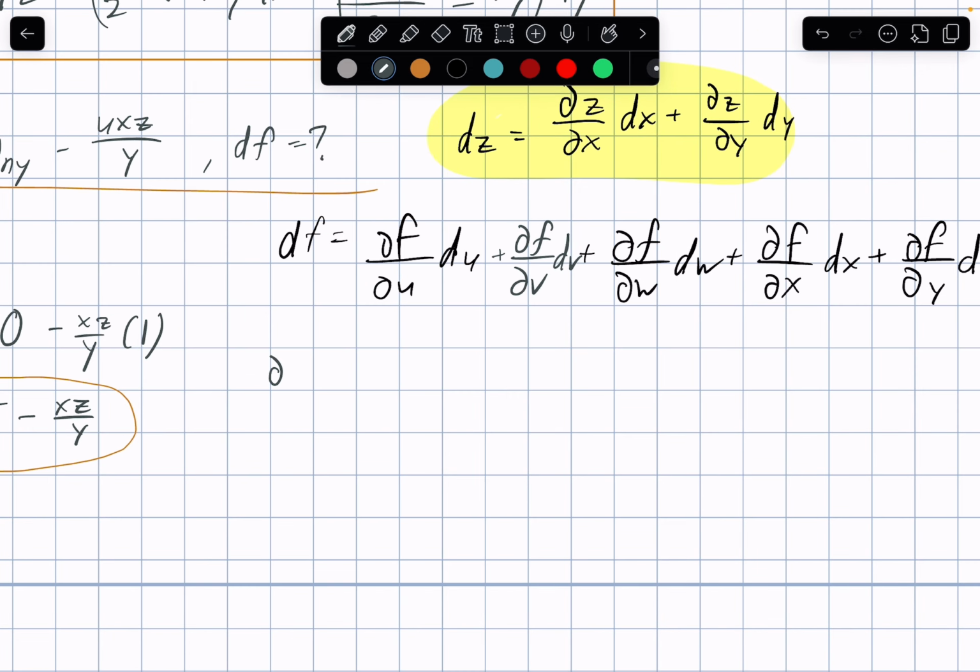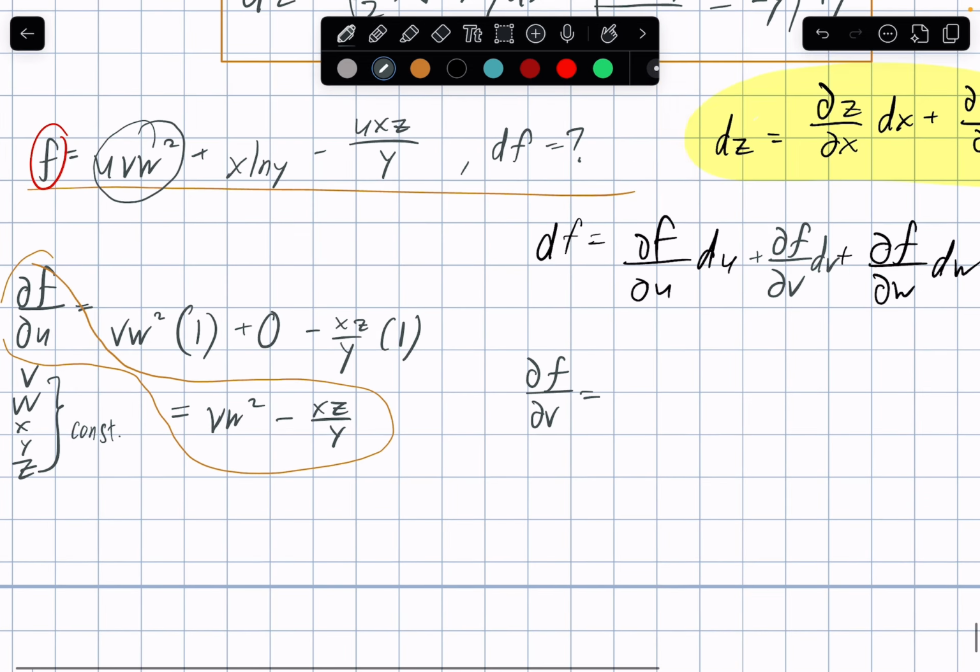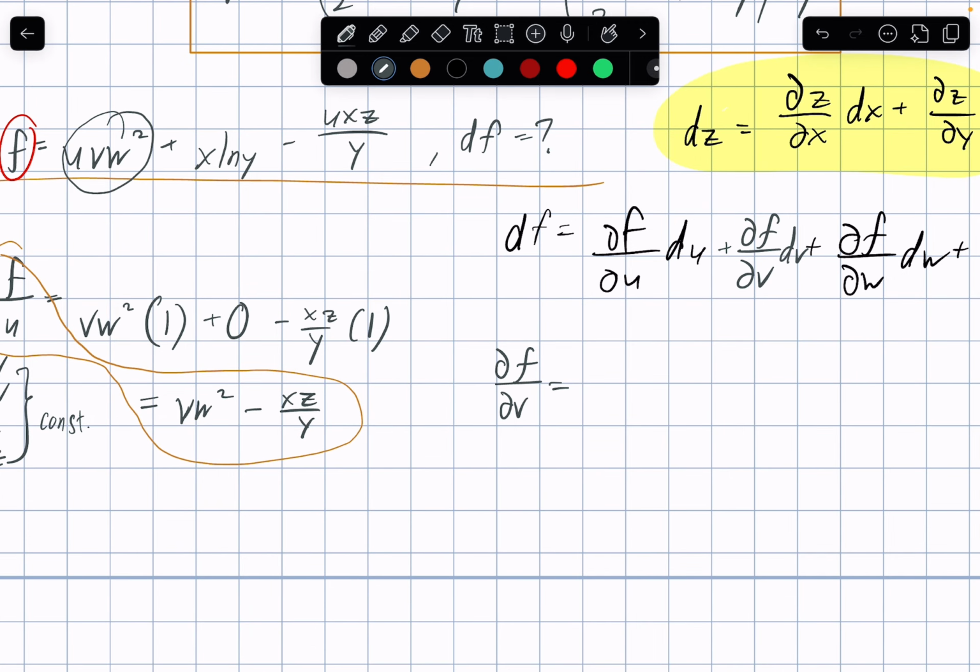Next, partial f over partial v. Let's look for that. In that case, u, w, x, y, z are all constants. So u and w are constants. Derivative of v is 1.